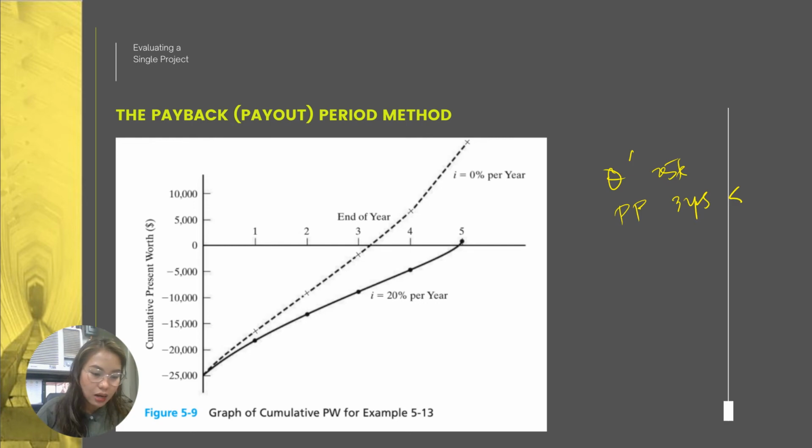So in reference to example 5-13, the project would be rejected even though it is profitable. Try to go back, trace it, and do some comparison.